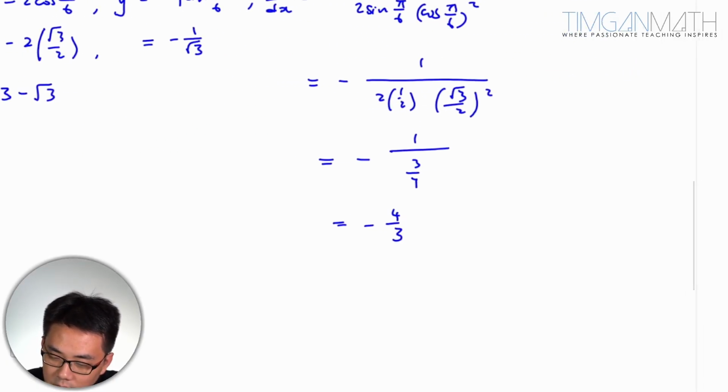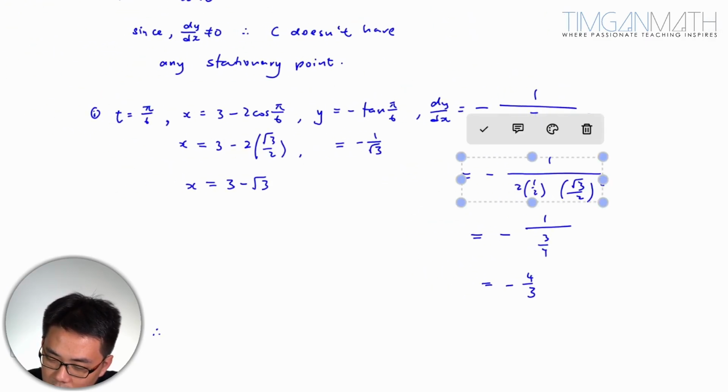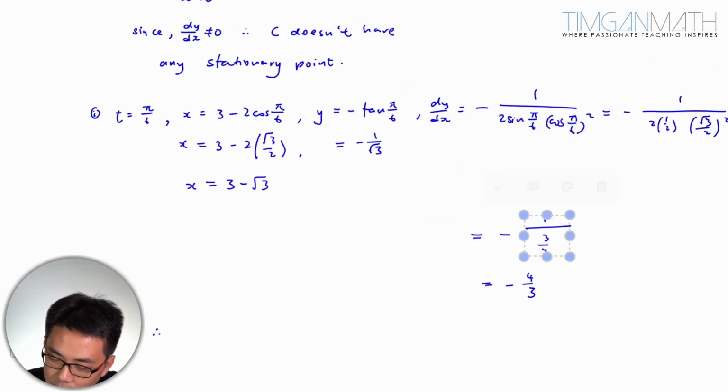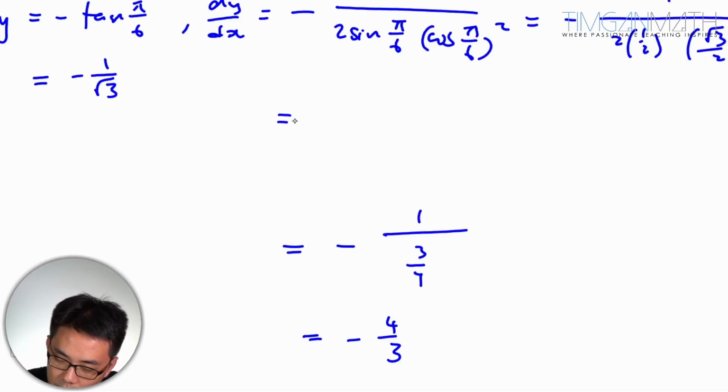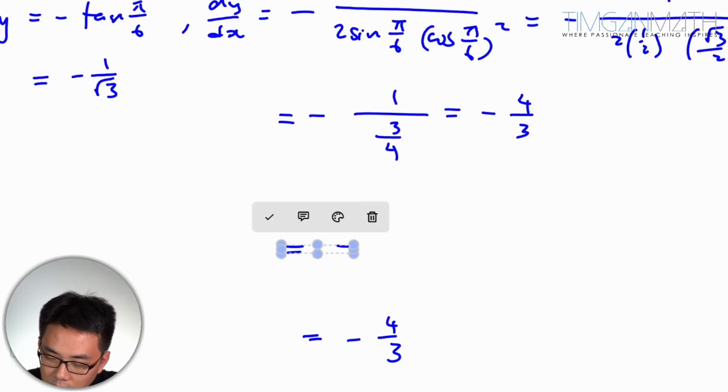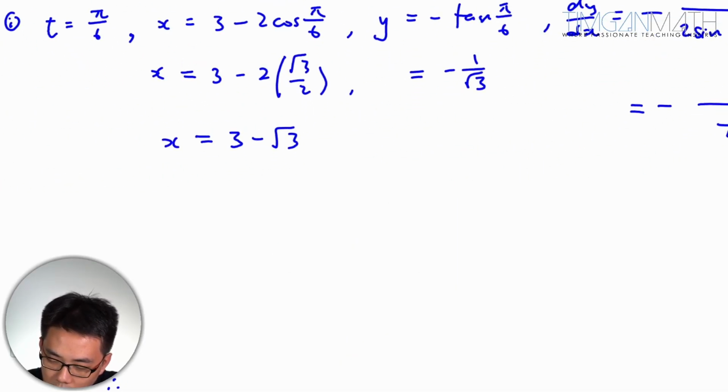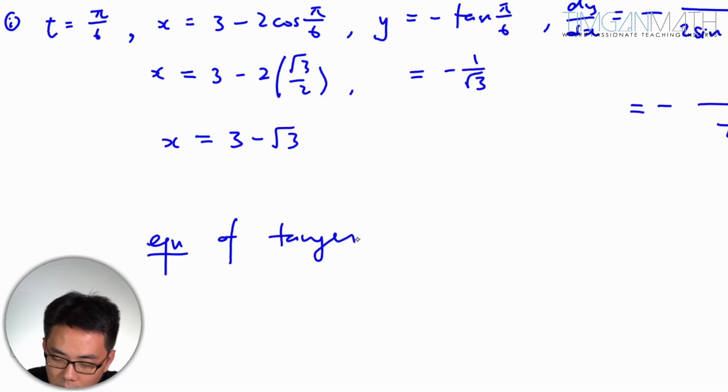the equation of the tangent, let me just write this at the side. We're going to use y minus y1 equals m times x minus x1.